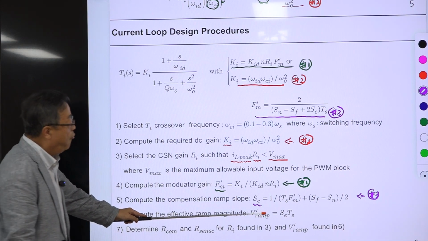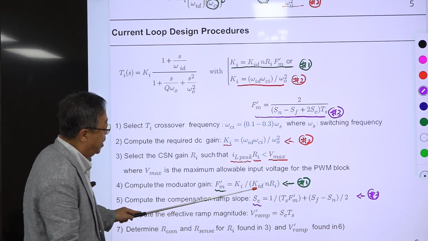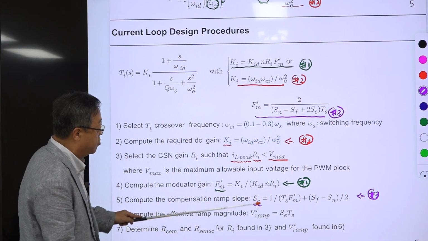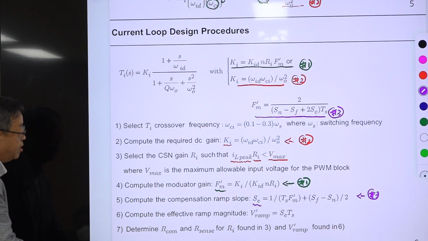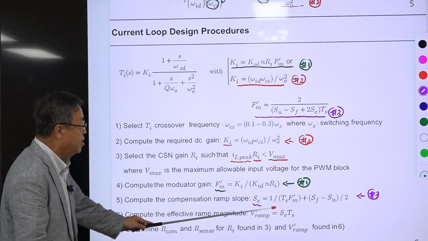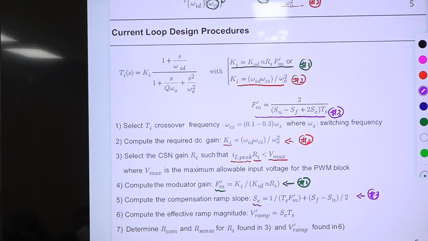Then finally, you have this information: Se, the slope of the compensation ramp, is known, and the switching frequency is known. Then calculate this Vi prime. So the final result of this design is actually this Ri value, and this Vramp is the final result.